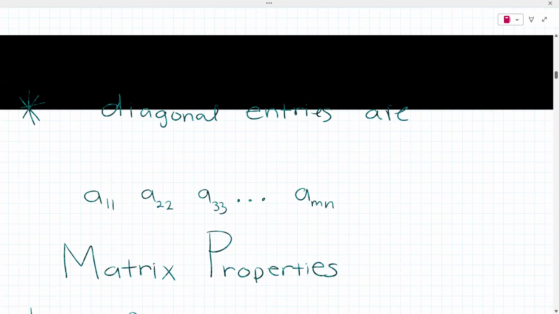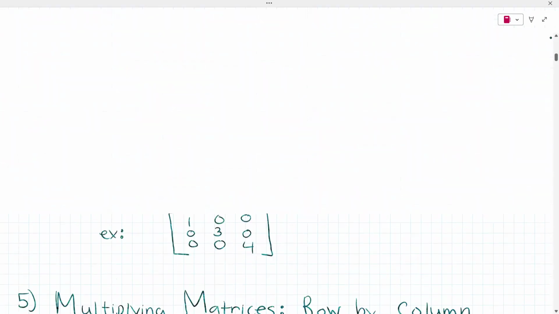Diagonal entries are A11, A22, A33, and so on up to Amn. Let's see if that's true. A11, A22.